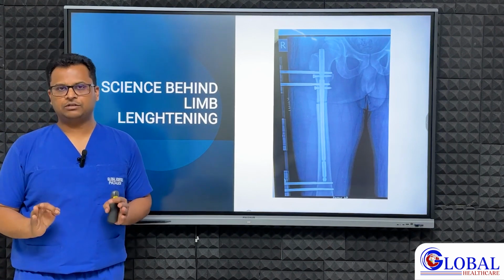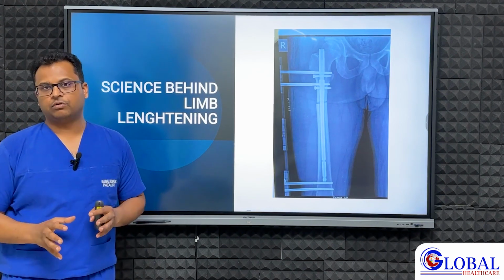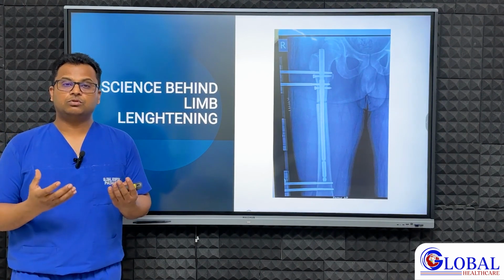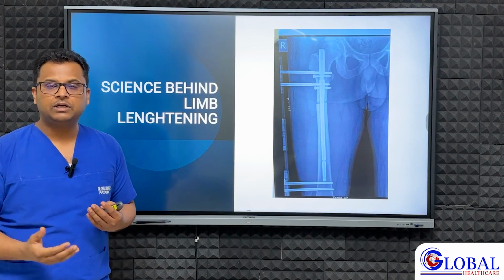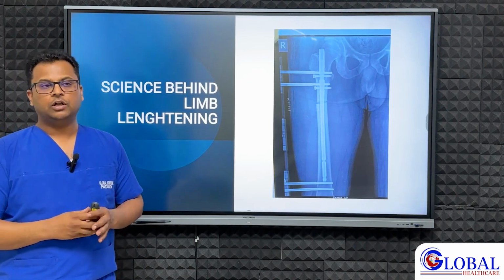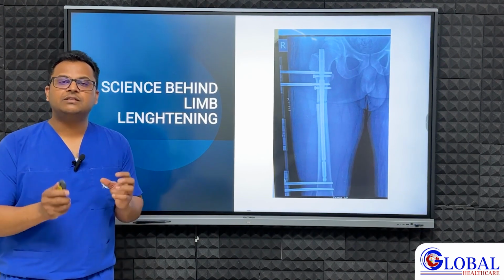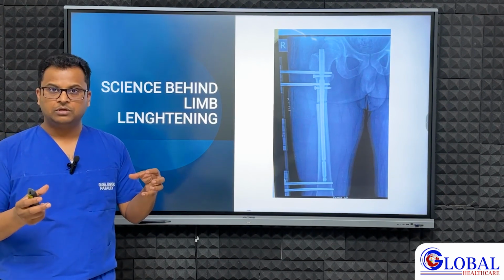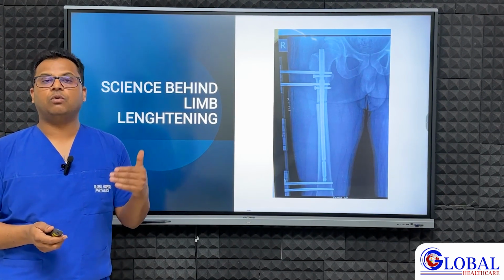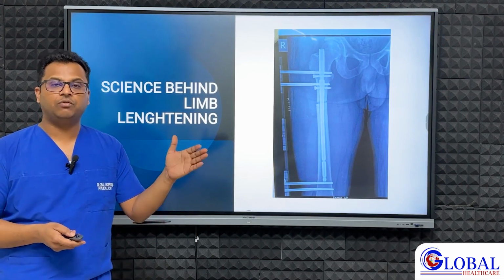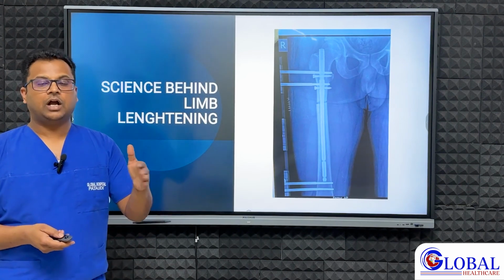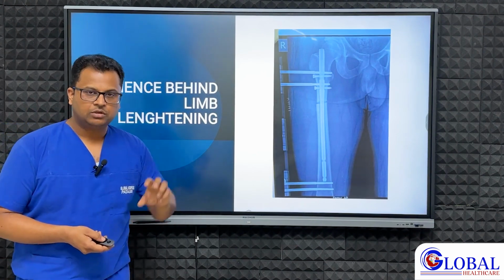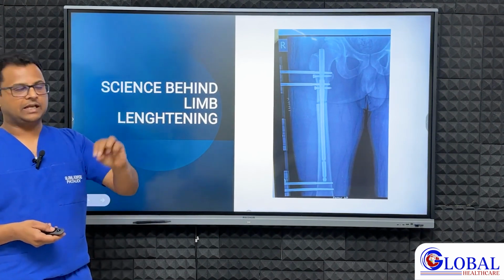All the friends who are planning for structural or cosmetic limb lengthening, or who have limb length discrepancies or deformity, this is the most important video where you will understand how it is happening, whether it is possible to lengthen a bone, and if so, how. You will get total insight about this limb lengthening science.